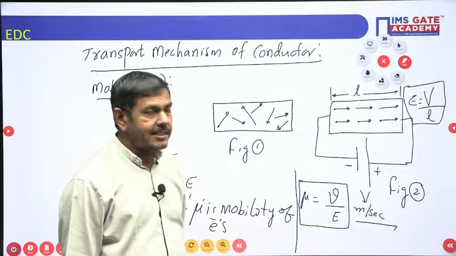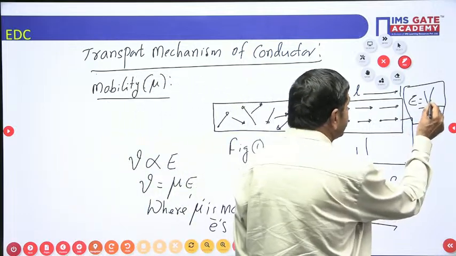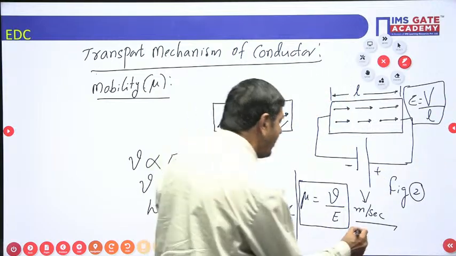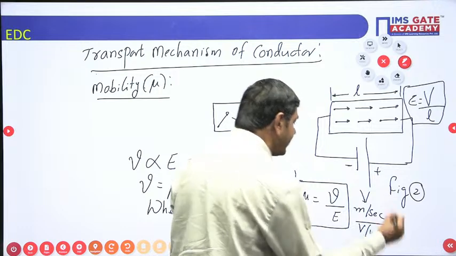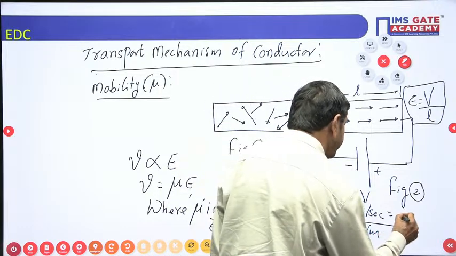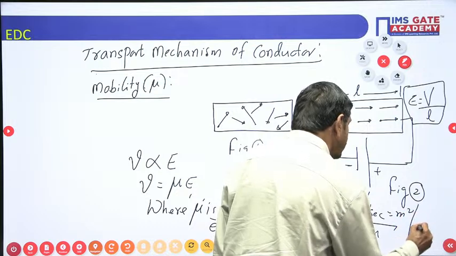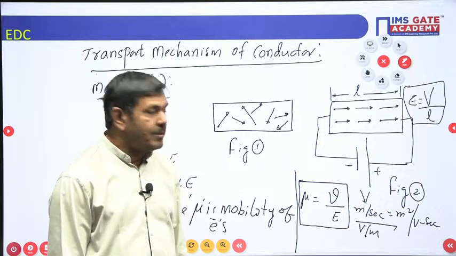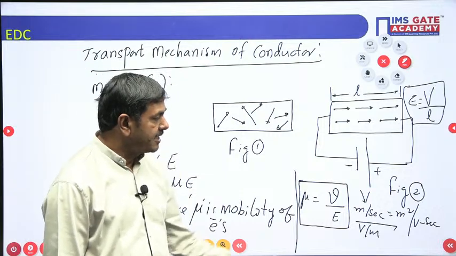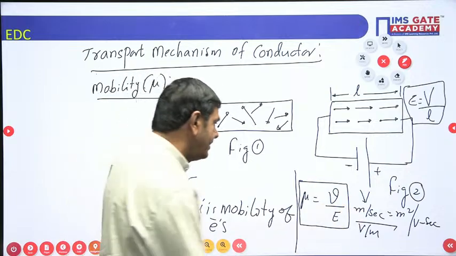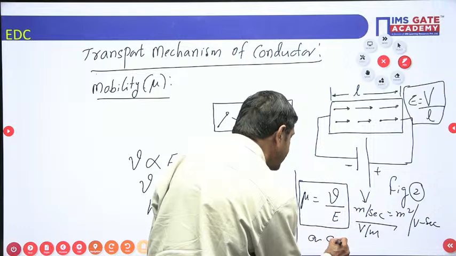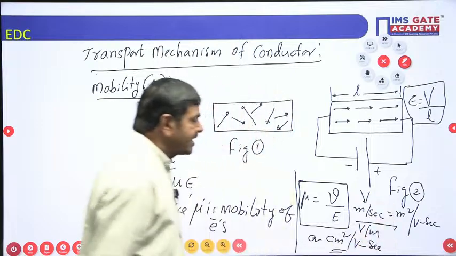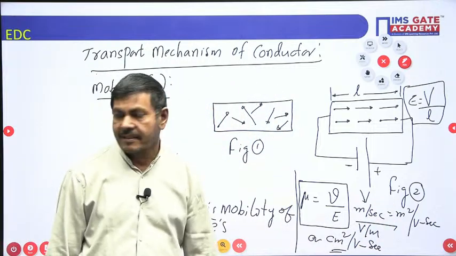That is electric field intensity. Units of the electric field intensity: V is volts, L is meters, so volts per meter. Finally, I am getting meter square per volt second. So units of mobility, if you are asked in any paper, you can say meter square per volt second. Otherwise, centimeter square per volt second is also accepted. Like that, mobility is calculated only, you can say.